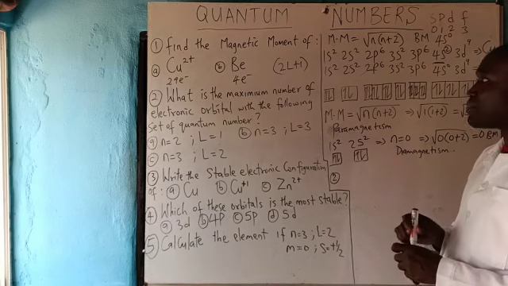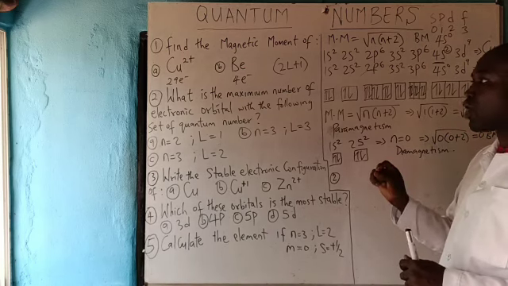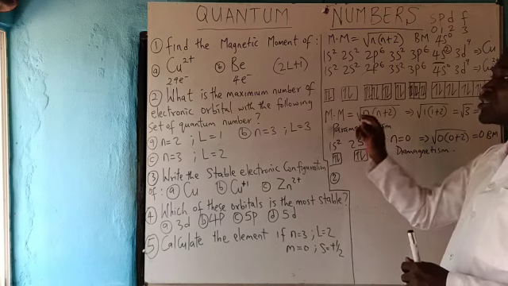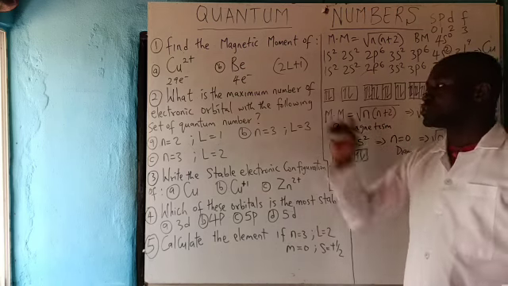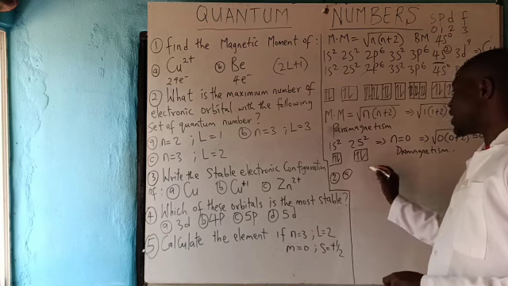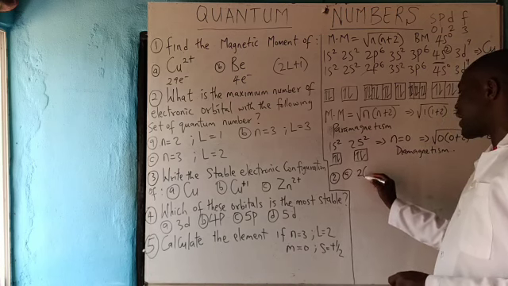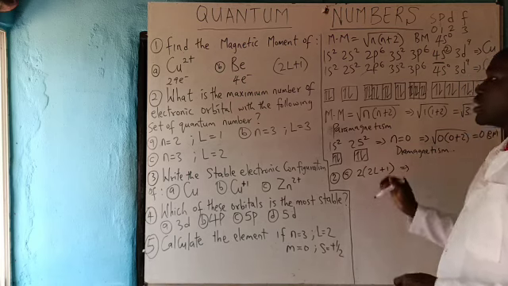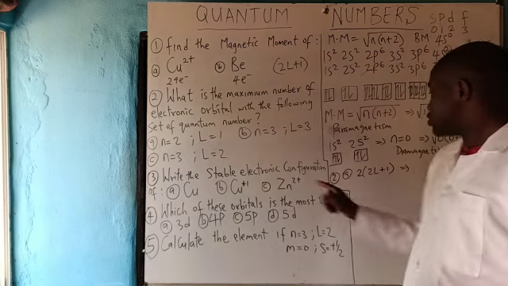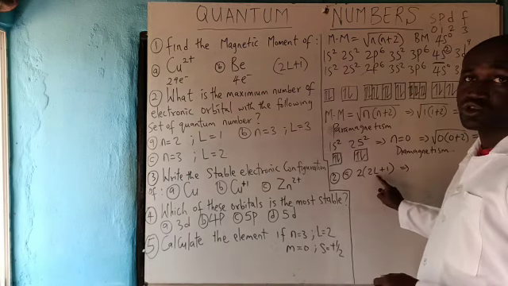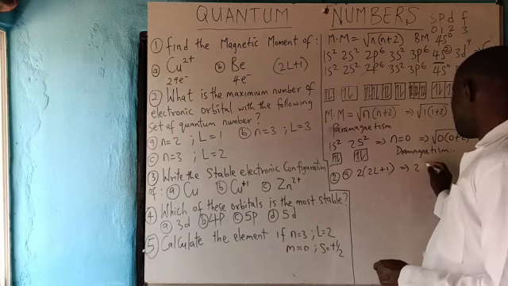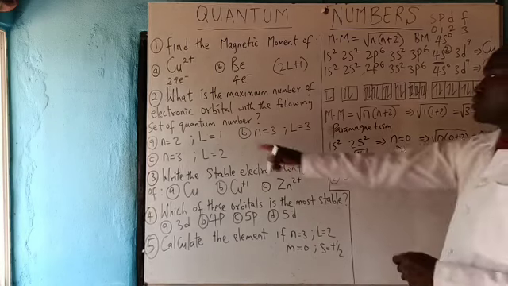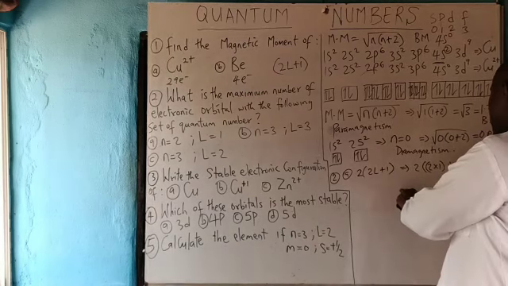We say, what is the maximum number of electrons in an orbital with the following set of quantum numbers? Watch. For A, we say the formula is 2 bracket 2l plus 1, where l is 1. 2 bracket 2 times 1, because l is 1, plus 1.